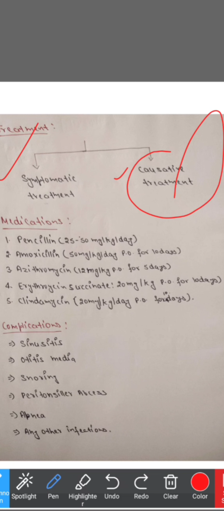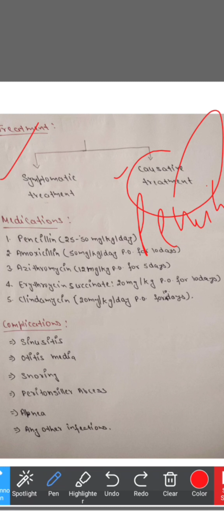So for the bacterial species, we can give penicillin. Apart from this, there are a few medications for treating the patient with the tonsillitis. First is penicillin, second amoxicillin, azithromycin, erythromycin succinate, and last one is clindamycin.